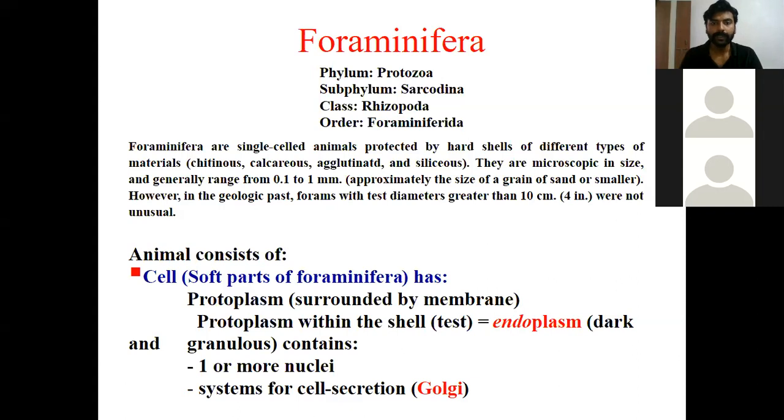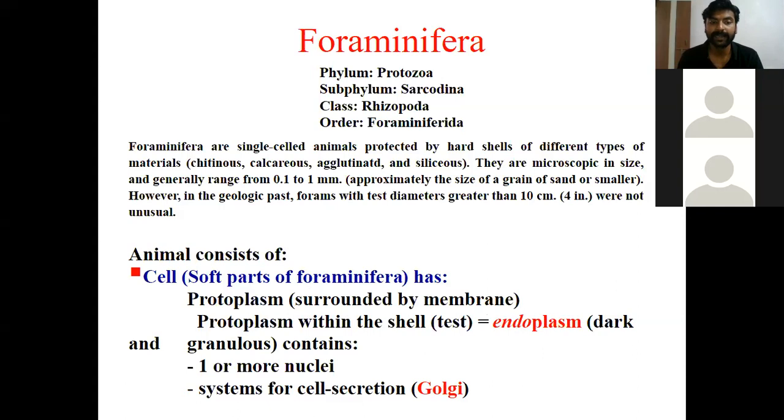Protoplasm is surrounded by a membrane. Now, protoplasm is also called endoplasm. So in the cell we will have protoplasm, then nuclei or nucleus. When we have one, we call it nucleus. When we have more than one, we call it nuclei.